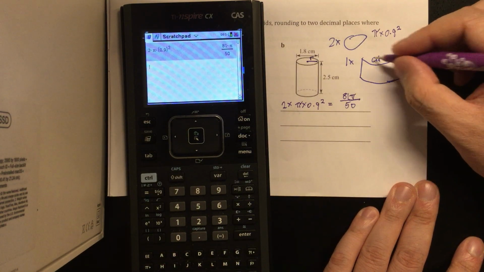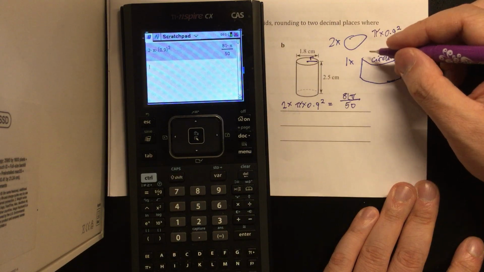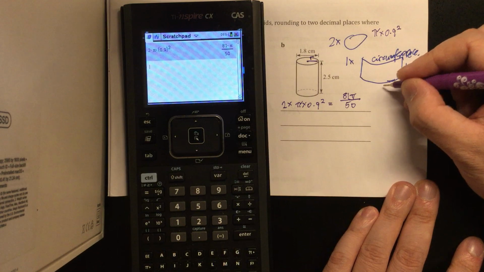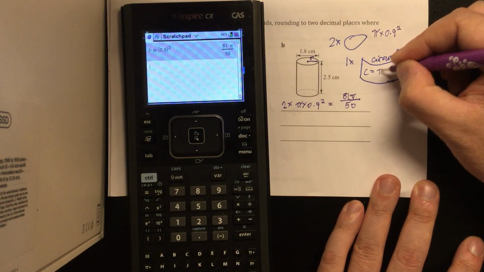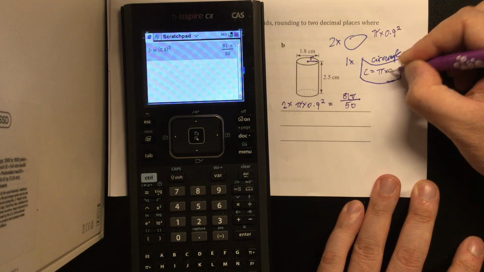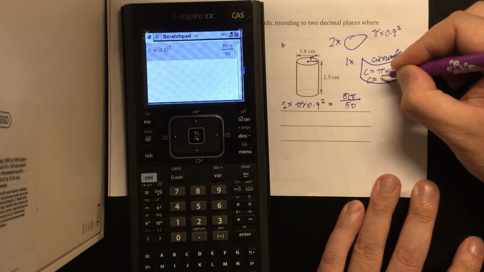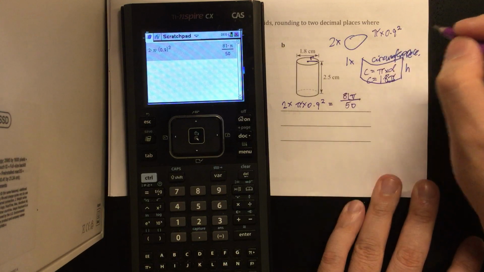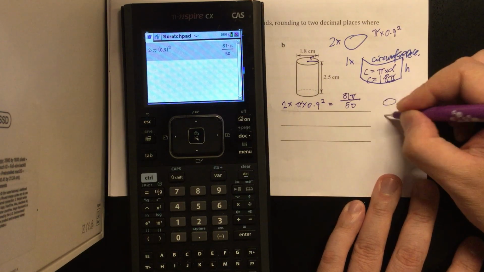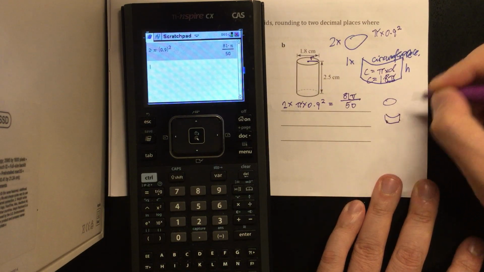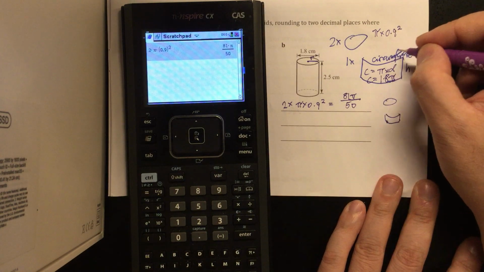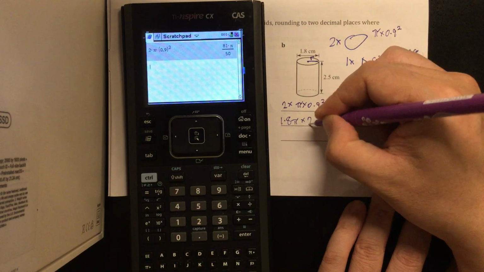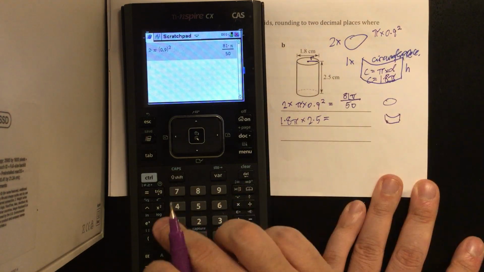How do we figure out the curved area? Well, it's circumference times h, which is 2.5. What is the circumference? Circumference equals pi times diameter, which happens to be 1.8 pi. So, this is for the circle. Now, how do we find the curved area here? We do circumference times height. So 1.8 pi times 2.5. Nice and easy.